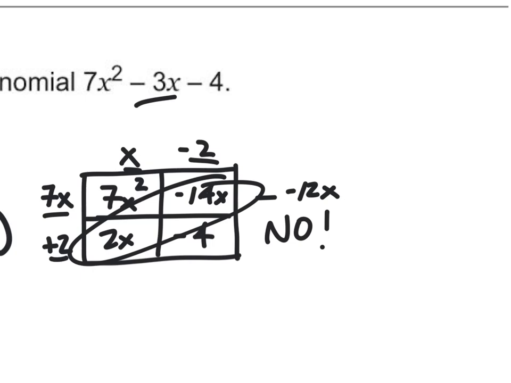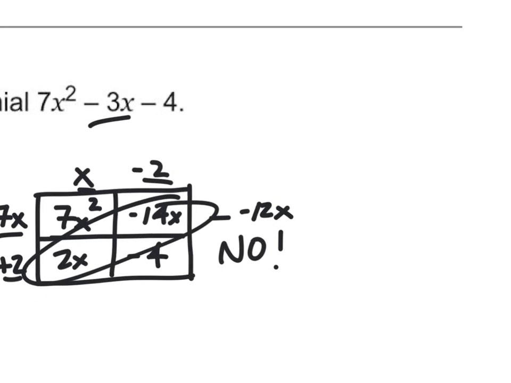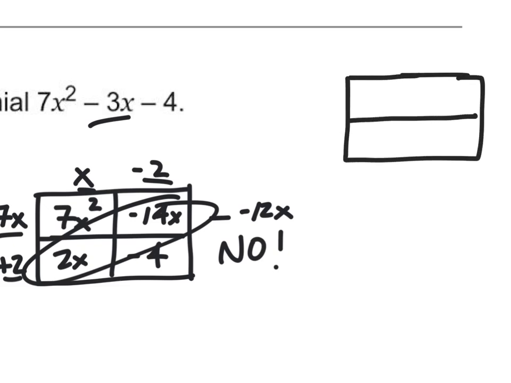All right, let's do another box method. So let me draw another box here, and let me put the 7x squared there and the negative 4 there. And so we do the same thing. We put the 7x here and the x. Now, let's use 1 and 4, okay?